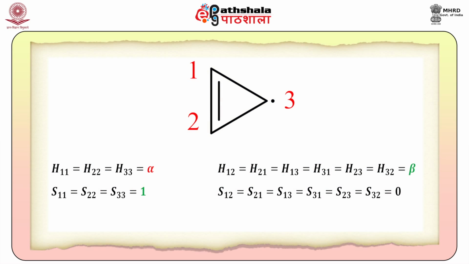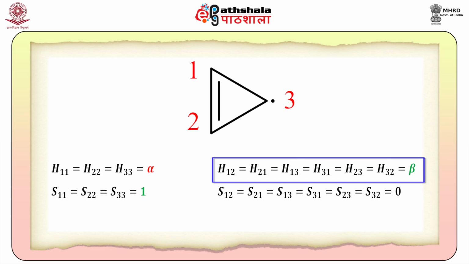Here you can see that because of the cyclic nature of the molecule, H11, H22 and H33 will all be equal to alpha individually. Similarly, H12, H21, H13, H31, H23, H32, all these are linked to each other.